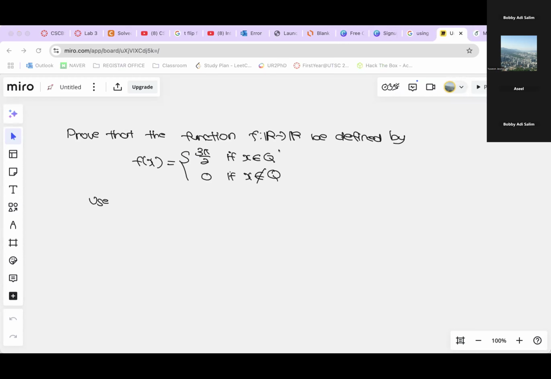Use the Darboux integral definition to prove the following does not exist.